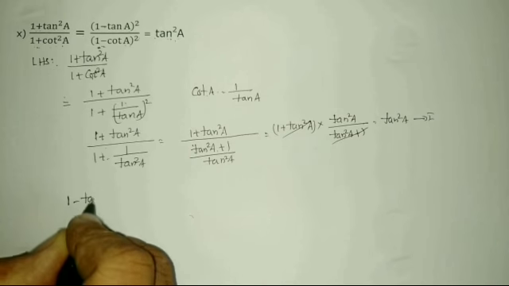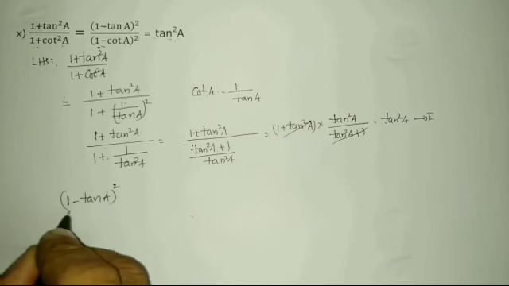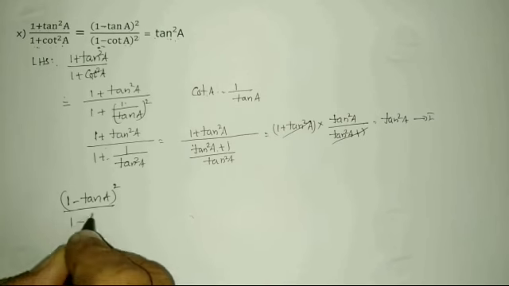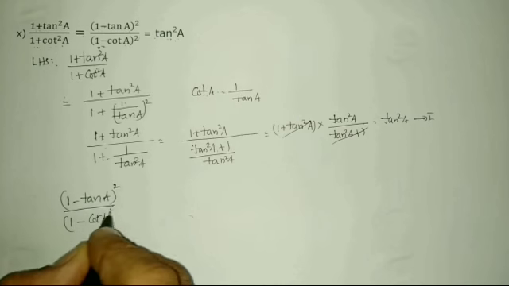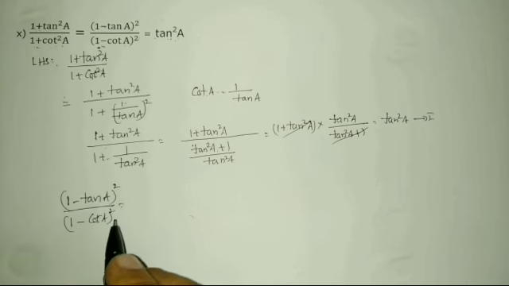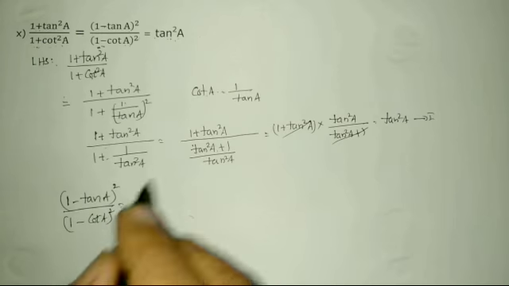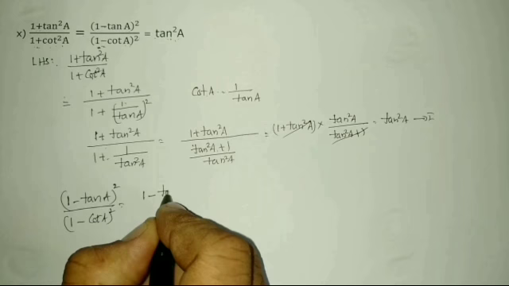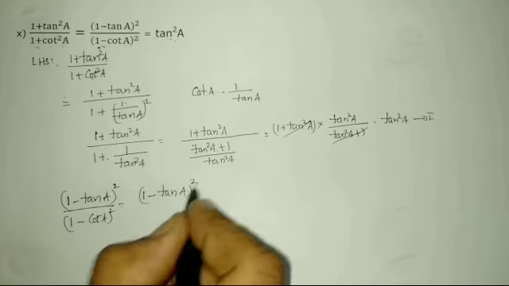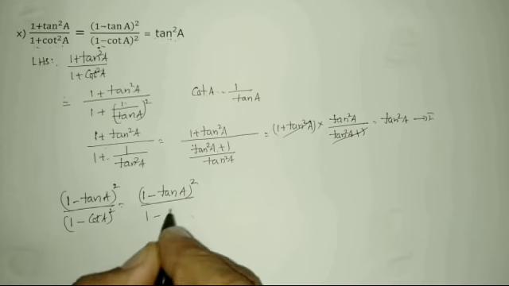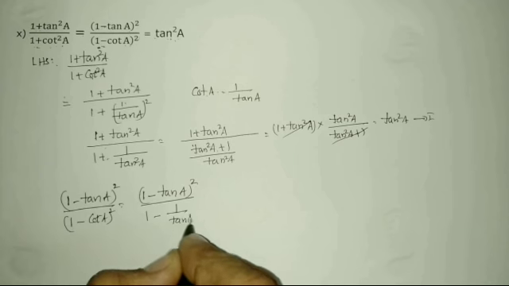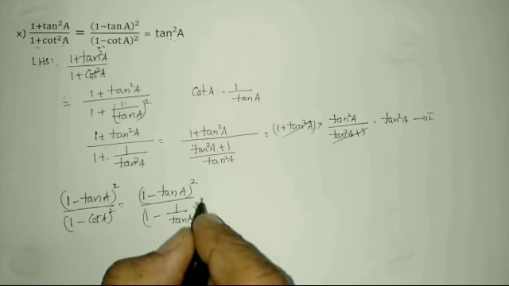1 minus tan A whole square by 1 minus cot A whole square. Here also we express cot in terms of tan, that is 1 minus tan A whole square by 1 minus 1 by tan A whole square.